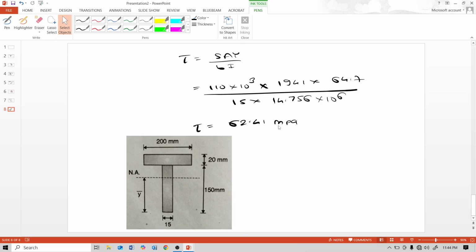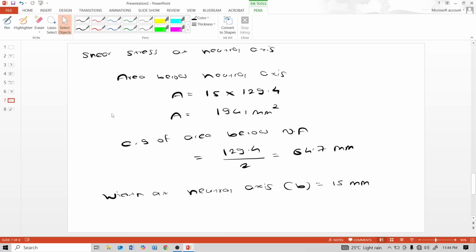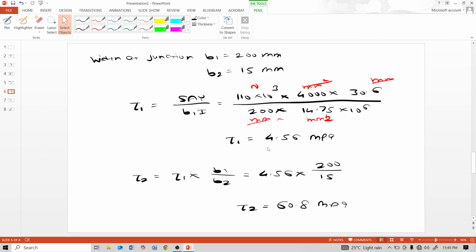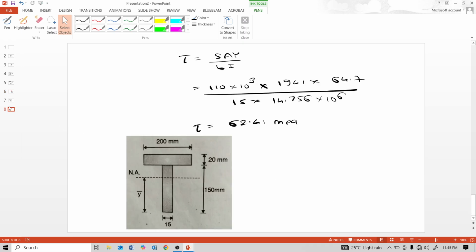Now see, this 62.41 MPa is the shear stress at the neutral axis, and this 4.56 is the shear stress at junction. This tau 1 is for the flange above that junction portion, and below that junction portion this tau 2, 60.8 MPa, comes. See, the shear stress distribution diagram.